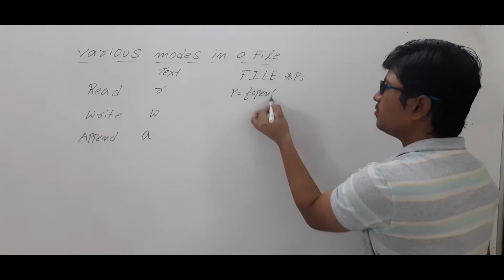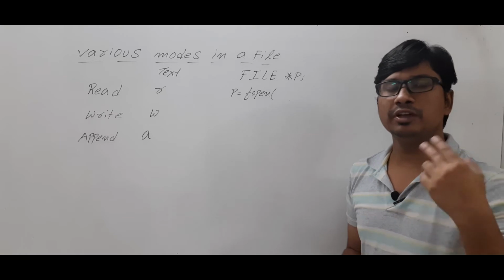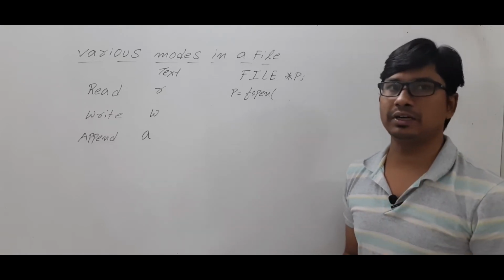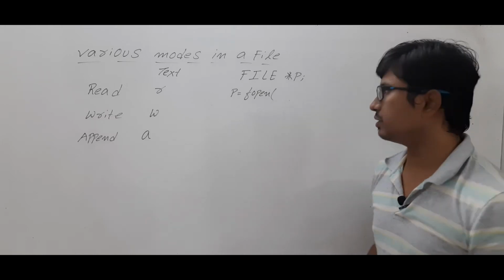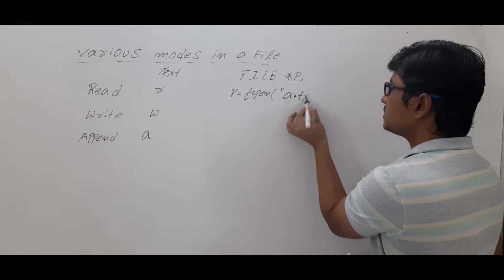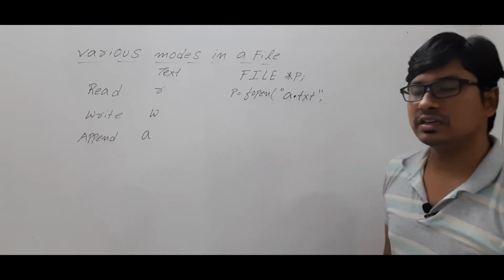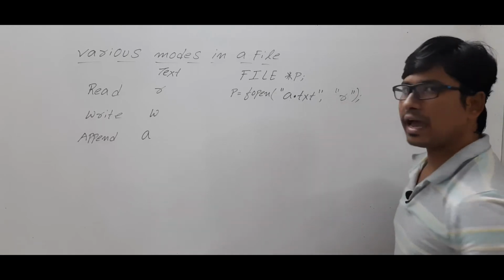The fopen function is useful for opening the file. This fopen function will take 2 parameters: one is the name of the file with an extension and also the mode. Let's take that I want to open a file called a with the extension .txt. This is a text file and I have specified the read mode as r.